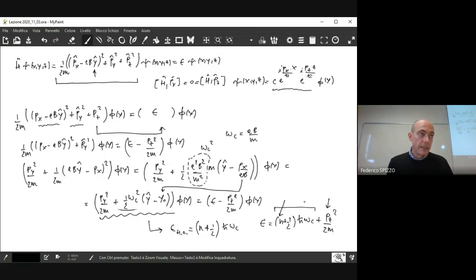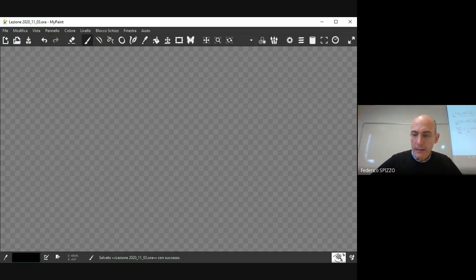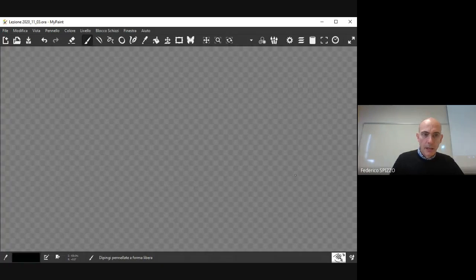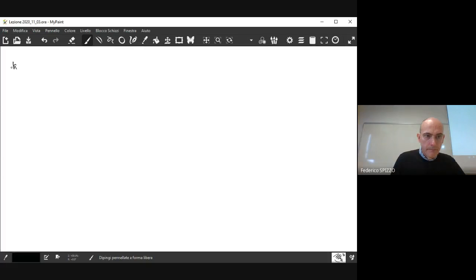And just to have an idea of what may be the value of n when we consider levels that are close to the Fermi energy, we may just evaluate h bar omega c, just to see what is the value of that term, where omega c is eB divided by m.